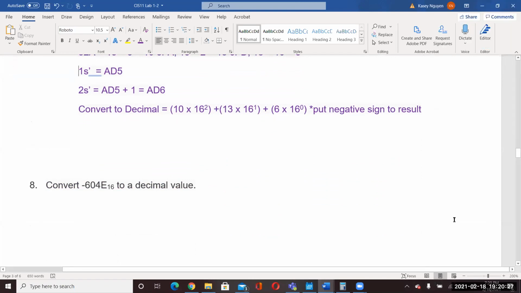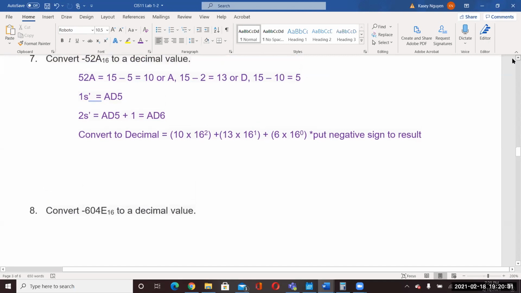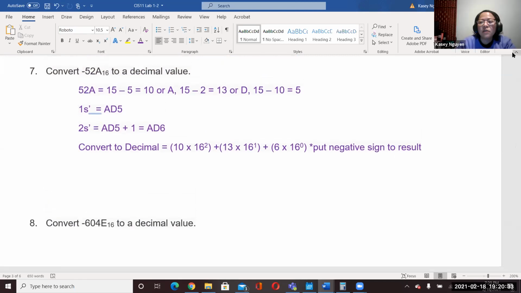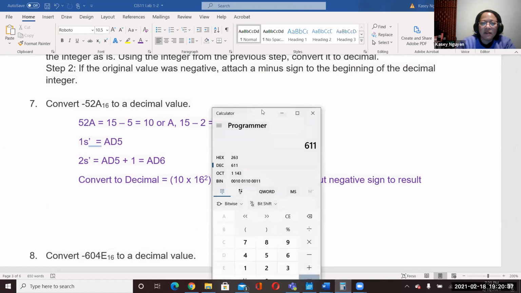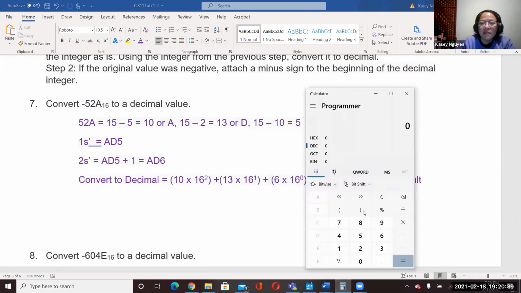Professor, should the final answer for number 7 be positive or negative? Yeah, it should be negative, because let me show you.